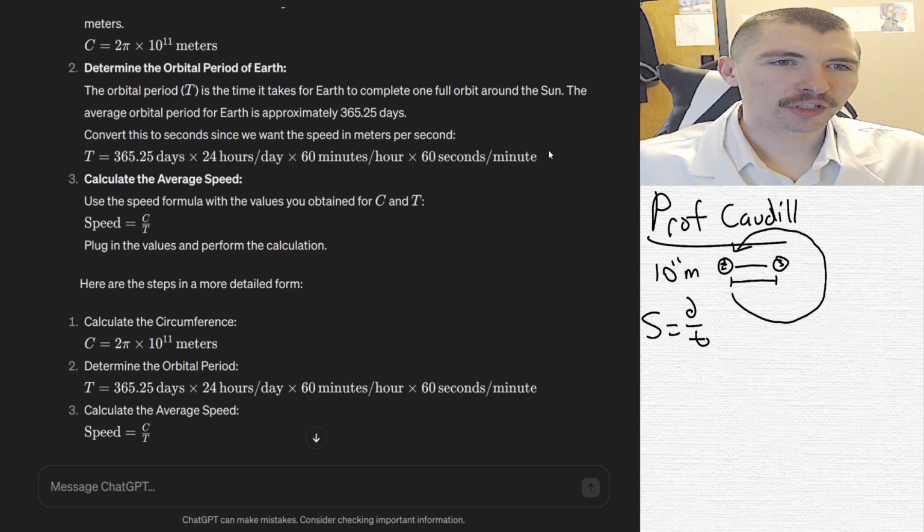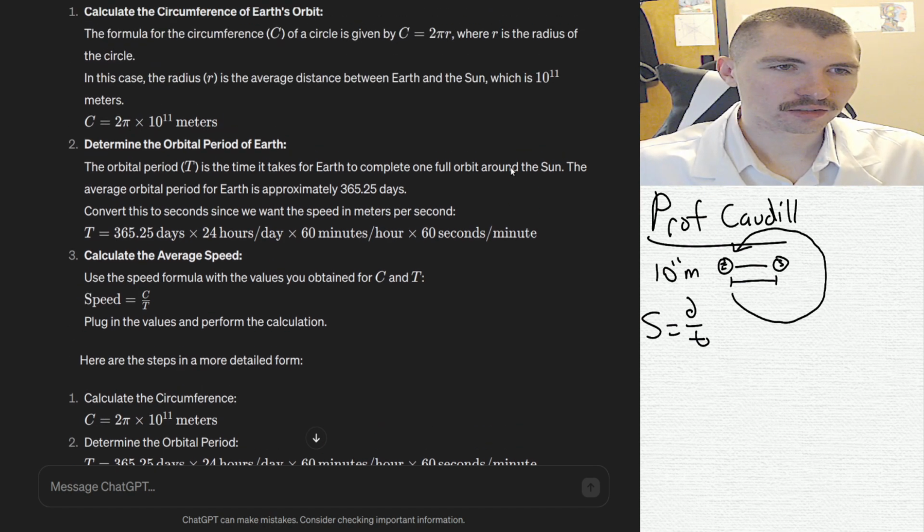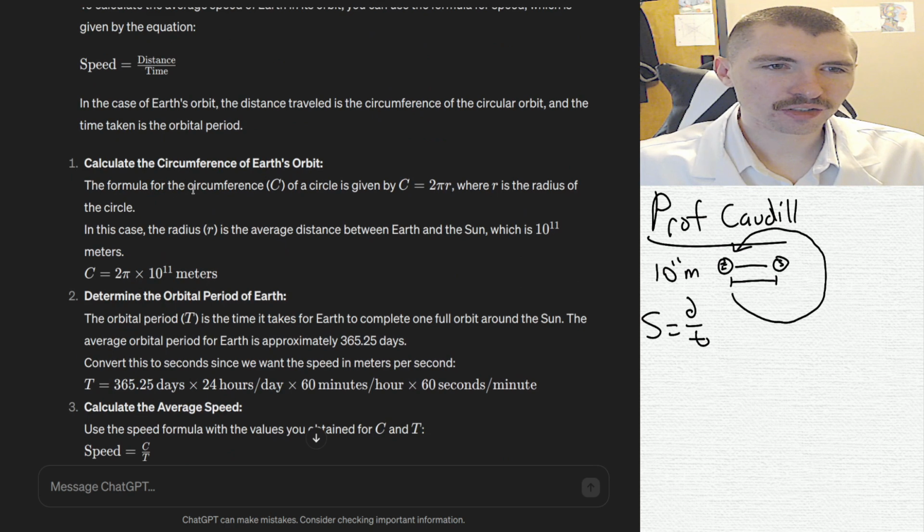Determine the orbital period of the Earth. One full orbit around the Sun. 365 days. Okay. Is the circumference really necessary?